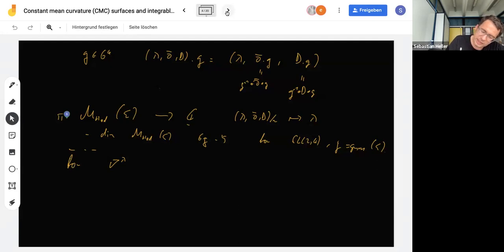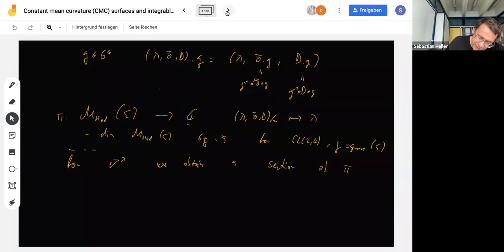So a map from C into this Hodge moduli space, which projects down to the identity.